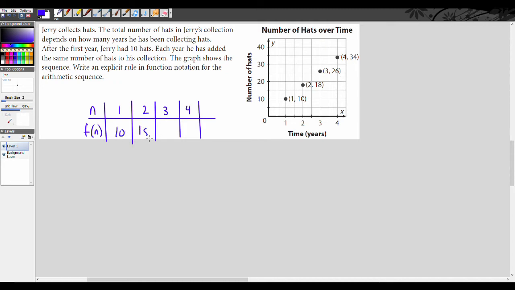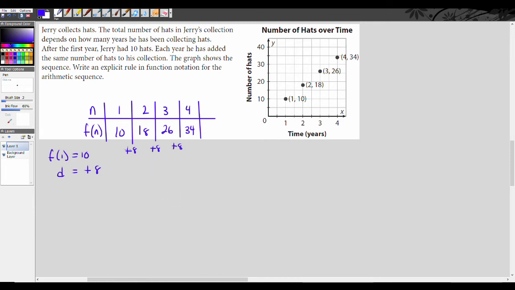And so we need to identify our first term. In this case, that's going to be 10. And what's our common difference? We can see here that we are adding 8 for each new term. So that's going to be our common difference, plus 8. And this time we only need to write the explicit rule.